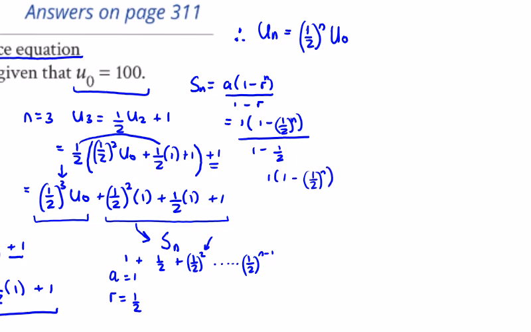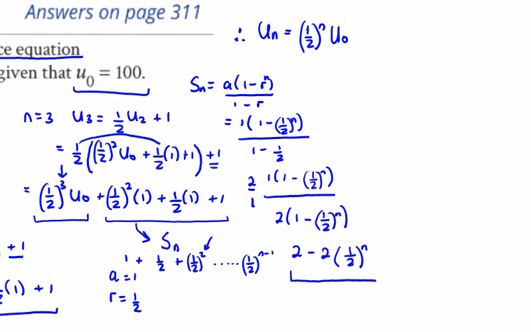This can be done a little bit quicker, but I'm just doing it in long form for this first video. And if we divide something by a half, we turn it upside down and multiply, so it becomes 2 over 1. So the bracket on top becomes 2 times 1 minus 1 over 2 to the power of n, which is 2 minus twice 1 over 2 to the power of n. So this kind of thing is the key to these questions.